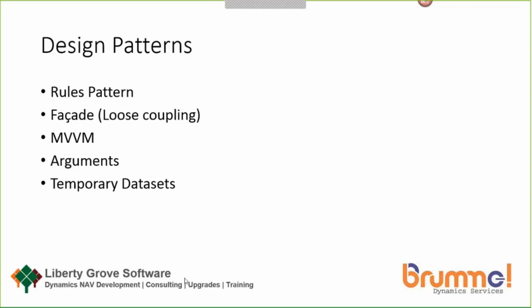The facade pattern is basically something that allows you to do loose coupling in NAV. This is something that CAL or the engine doesn't provide by itself. We don't have reflection or any other modern object-oriented technologies.